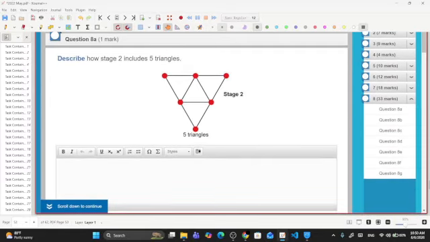So it says, question 8.A says, describe how stage 2 includes 5 triangles.